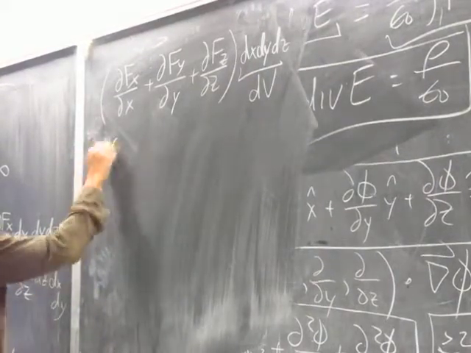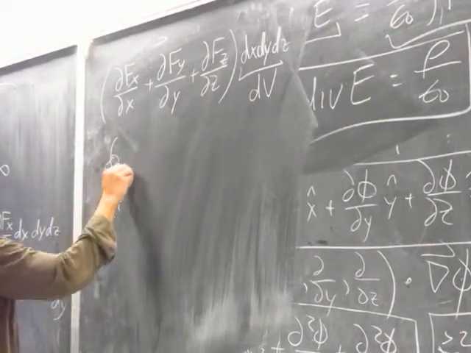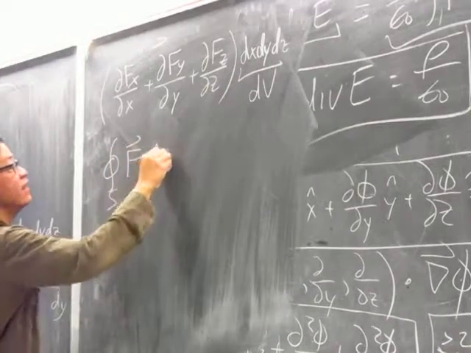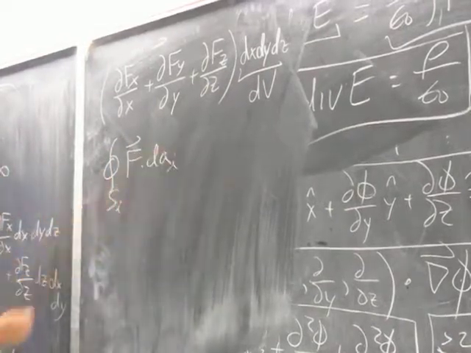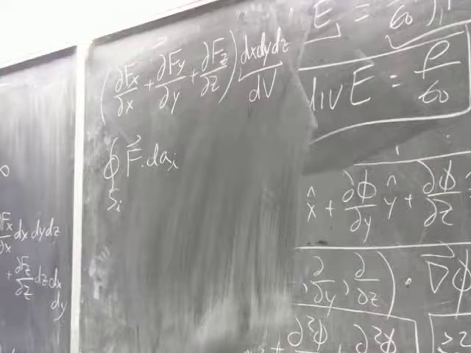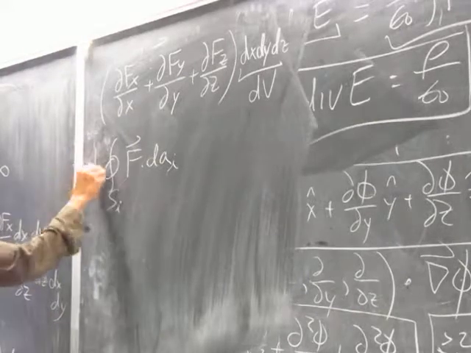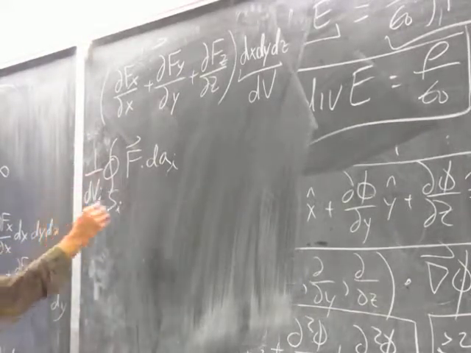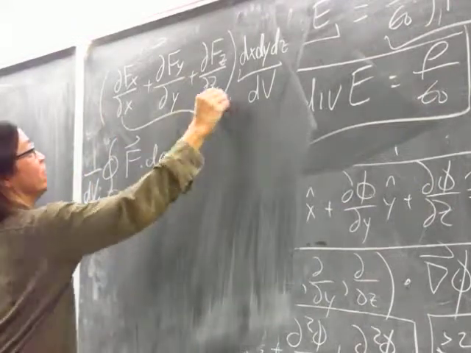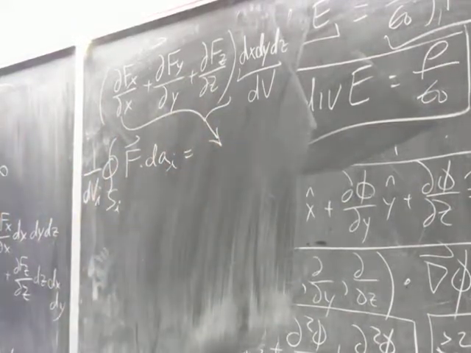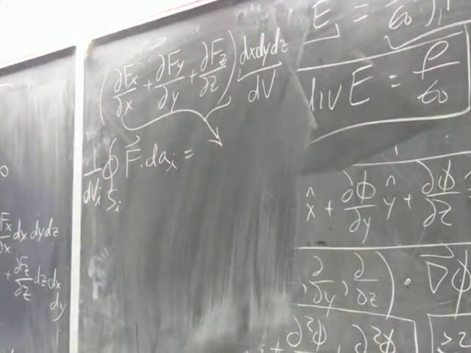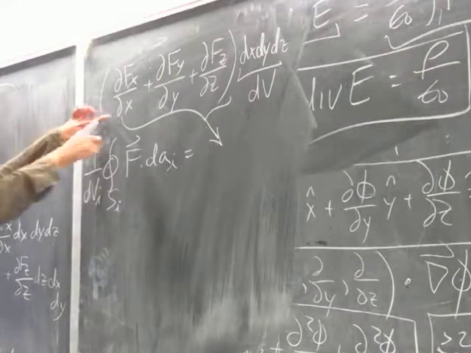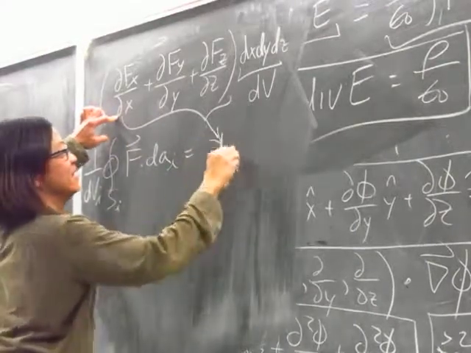Plus the integral over Si of F dA. And if I divide by dVi, then this is just equal to the quantity. You did it. Yeah, and then you define this as the divergence.